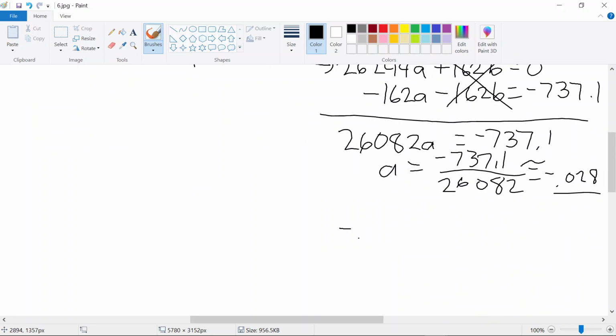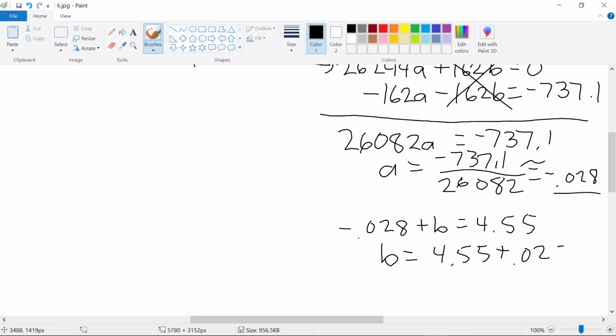I can say negative 0.028 plus b equals 4.55. I'm just going to add 0.028 to both sides: 4.55 plus 0.028, and that's approximately 4.578.